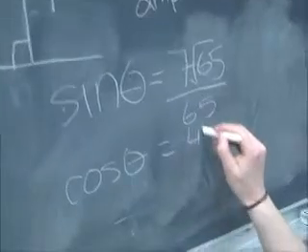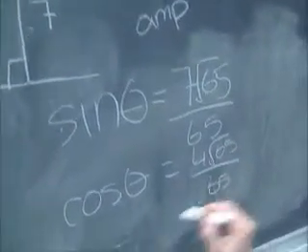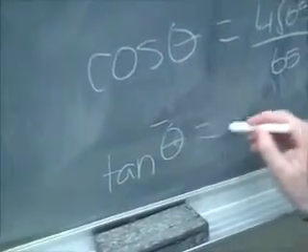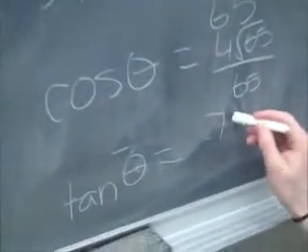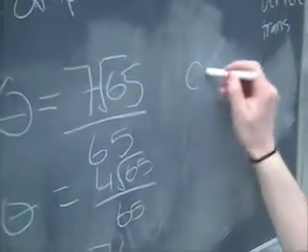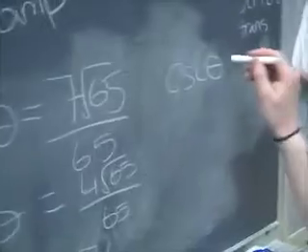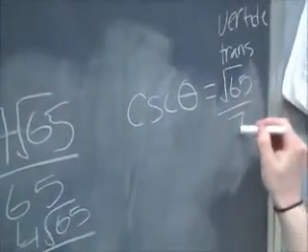So that will be, again, 4 root 65 over 65. Tan of theta equals opposite over hypotenuse, so that will be 7 over 4. And then the cosecant of theta, which is obviously the opposite of sine, equals root 65 over 7.